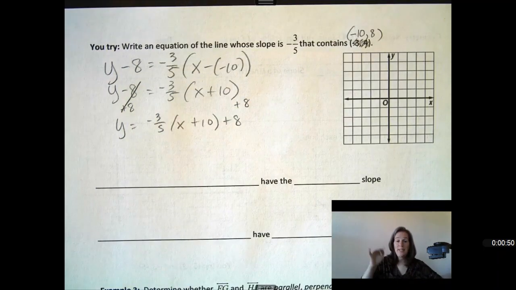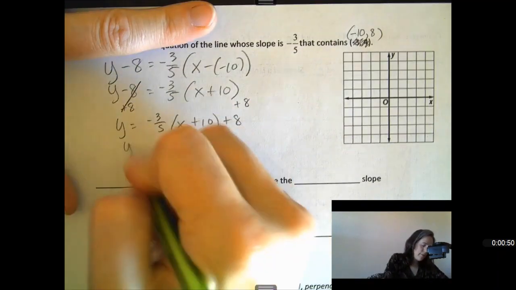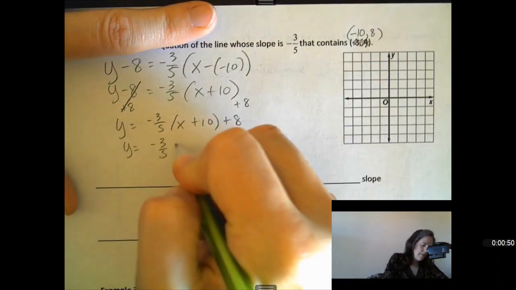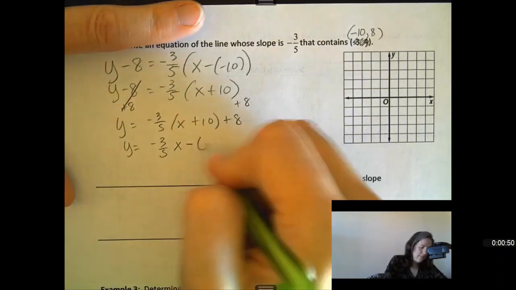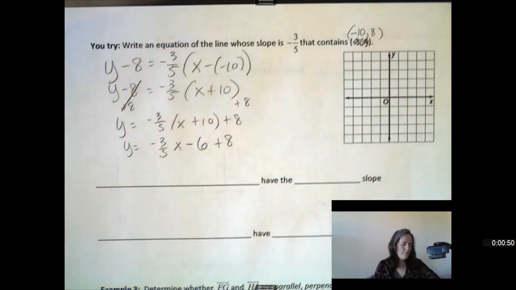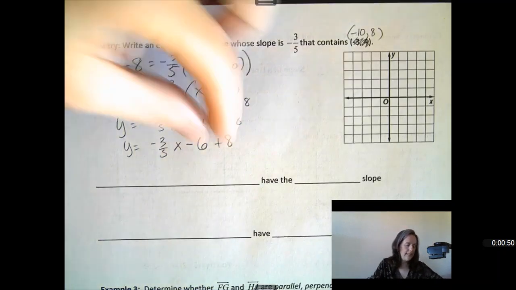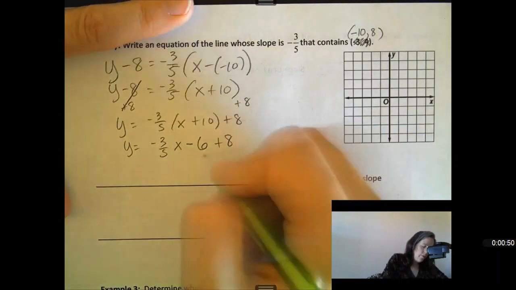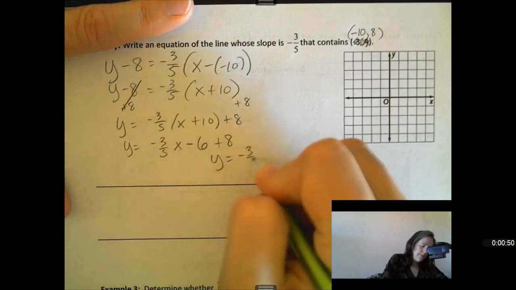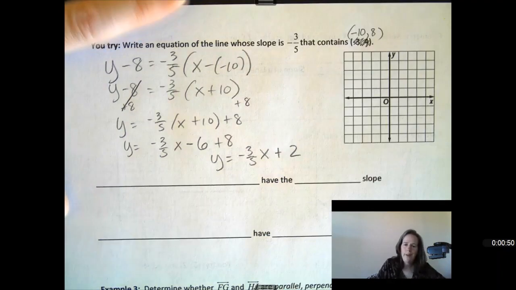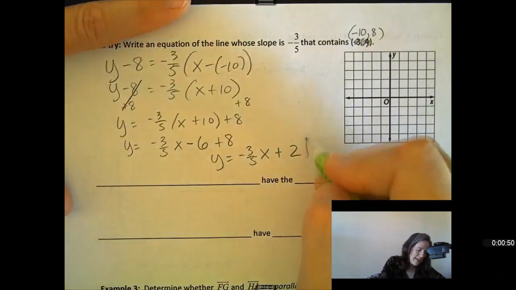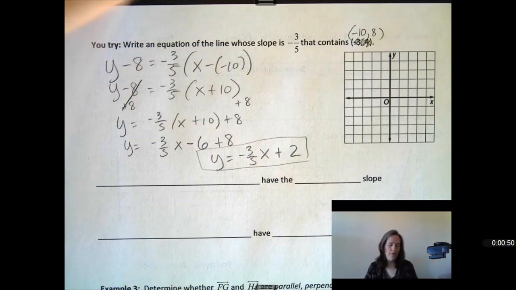Okay, distribute next. -3/5 of 10 is 6, plus 8. Oh, so close. I just need these last two numbers. So y equals -3/5 x plus 2. That should be the equation that you have for that one.